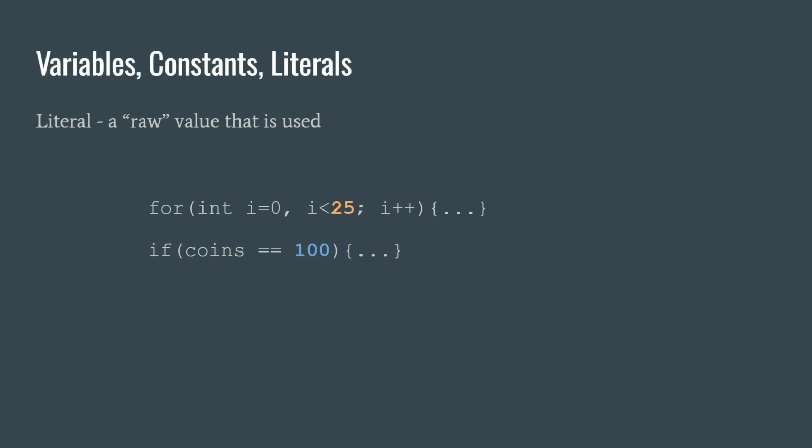Same thing here, we have another example of an if condition. So if the player has 100 coins, give them extra life. So this literal value is 100. In this example, coins is a variable that the literal is being checked against. But there's probably not a value inside of the program memory that has 100 in it. What likely happens for a lot of these literals is that they get turned into operands into an opcode directly.